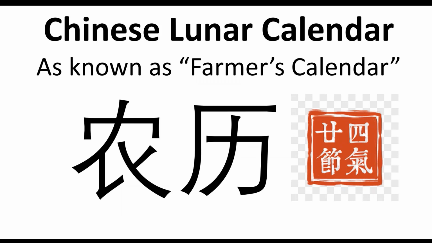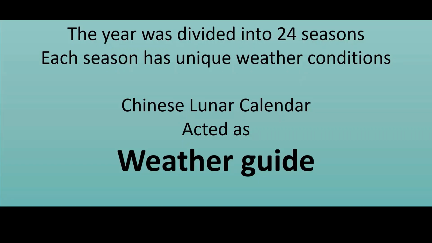So while we are talking about the moon, I would like to talk about the Chinese lunar calendar. Lunar means the moon. The Chinese lunar calendar is also known as the farmer's calendar. The lunar calendar is like a weather report for the farmers.